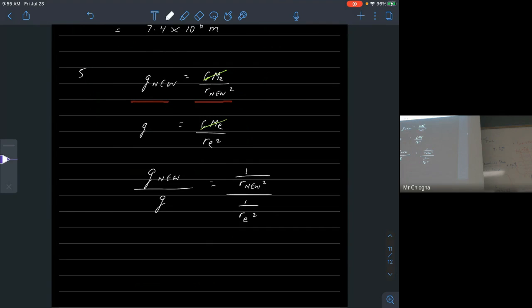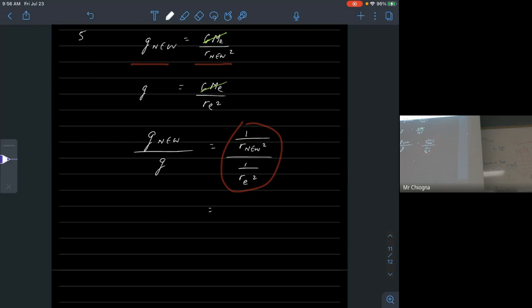Okay, and then as before, this here can simplify. Dividing by a fraction is the same thing as multiplying by the reciprocal.